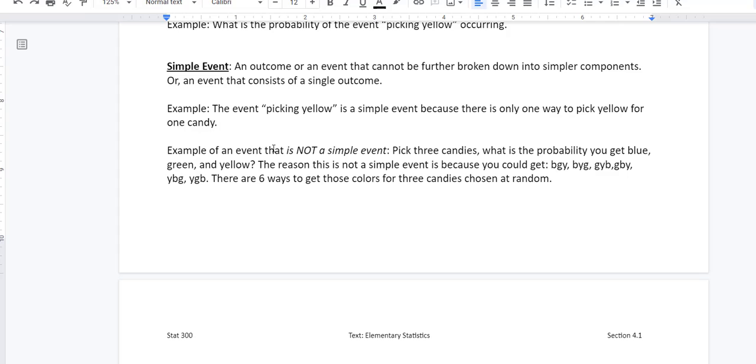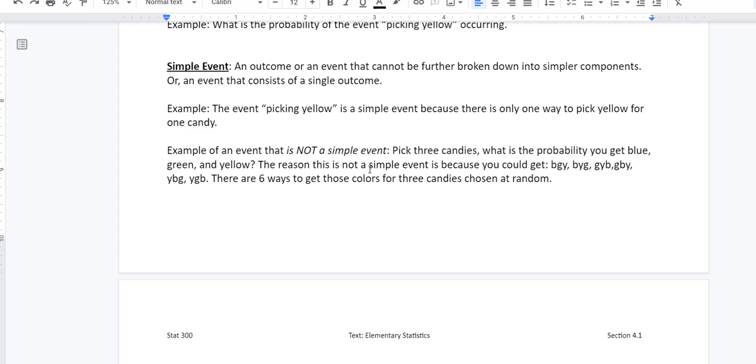An example of an event that is not a simple event would be if you pick 3 candies and I ask what is the probability you get blue, green, and yellow. This is not a simple event because there are different combinations that you could get. The first candy could be blue, the second green, the third yellow, or first blue, second yellow, third green, and so on.